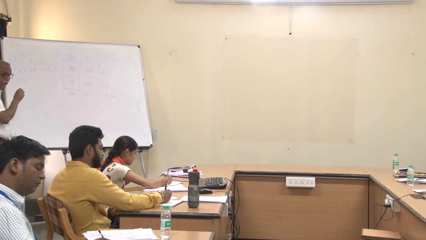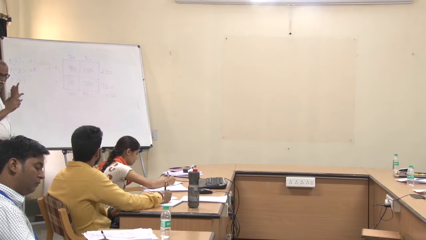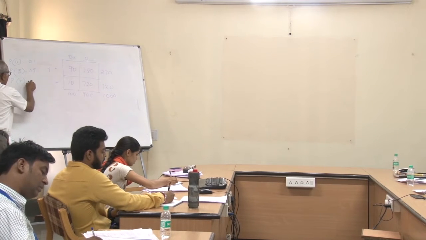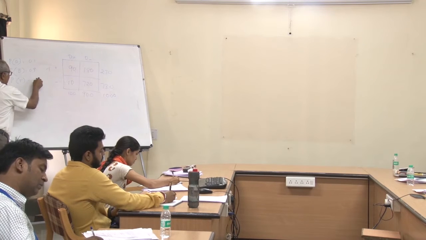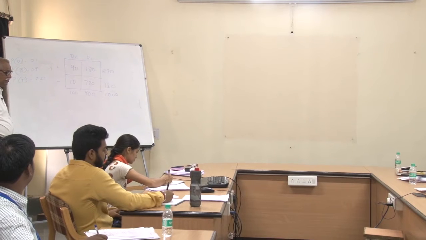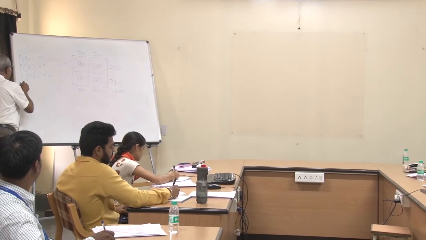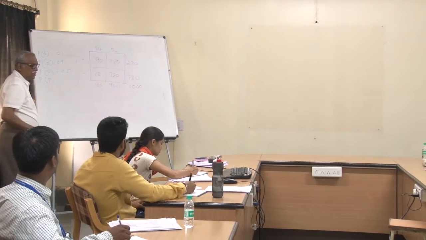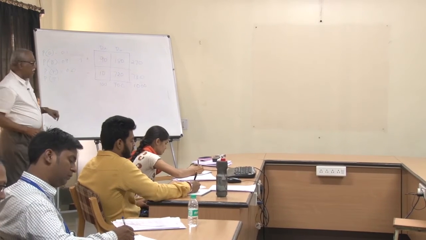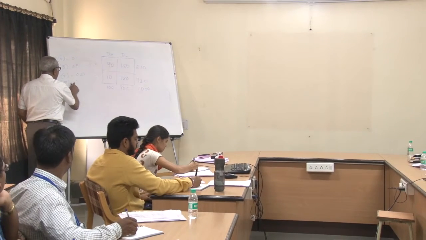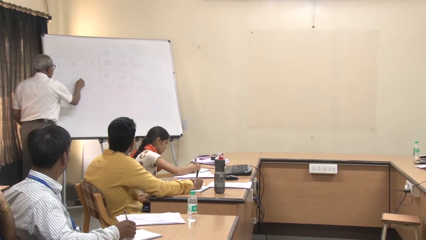And I didn't put the plus sign. Ideally we should, but I'm trying to reduce the material on the board. It is equal to what? 0.27. And probability of test negative, you see, T bar, will be equal to 0.73.